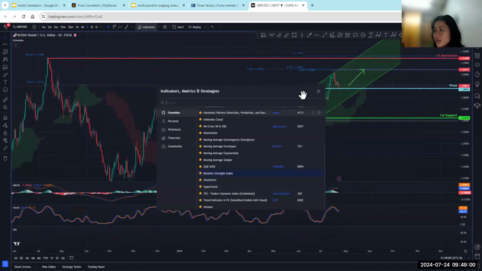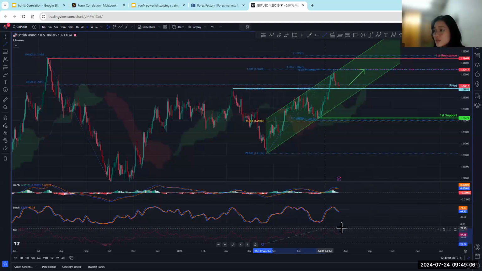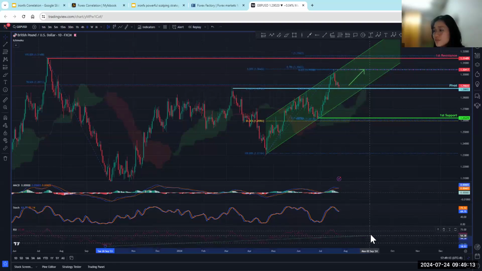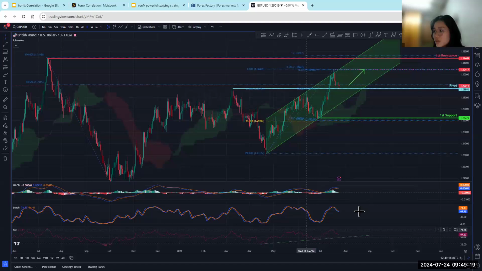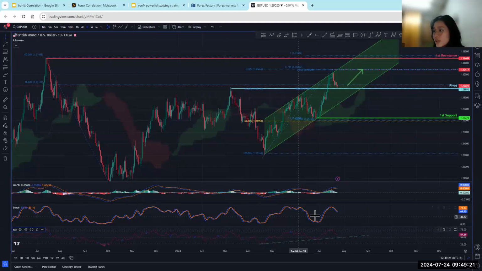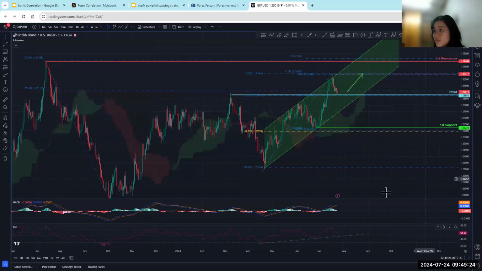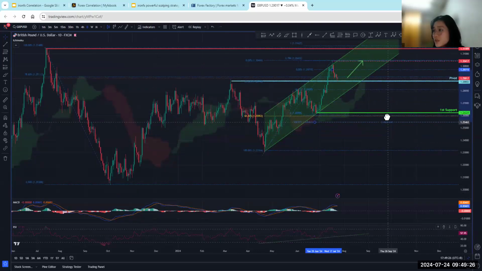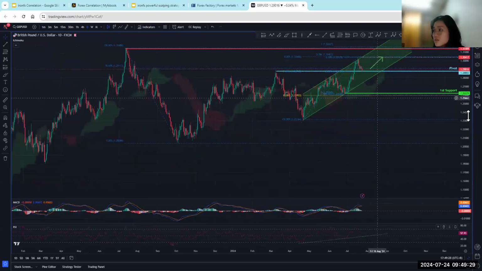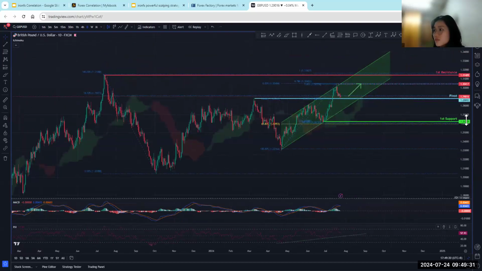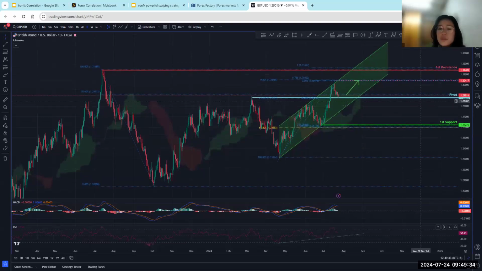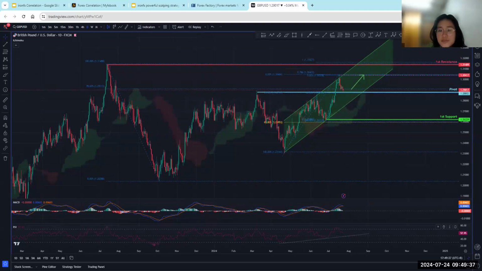We look at stochastic and RSI. RSI is giving us a bullish signal with prices moving in this ascending trend line, but our stochastic doesn't really tell us much here. So that's it for our pound dollar.